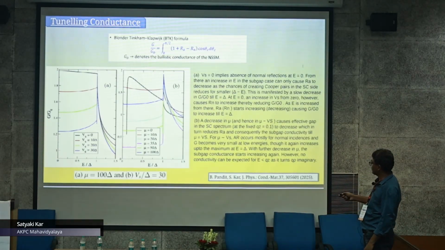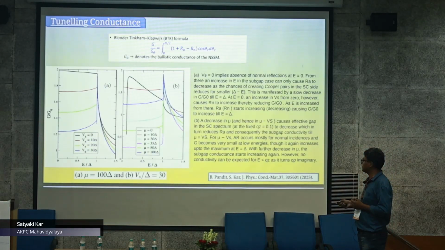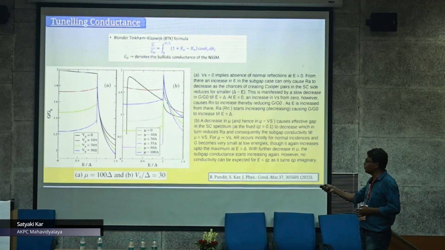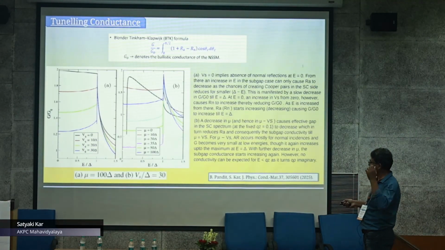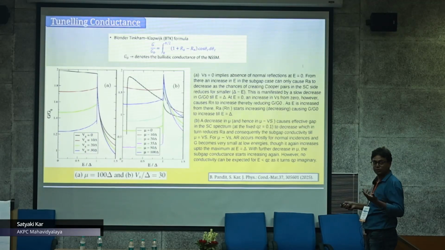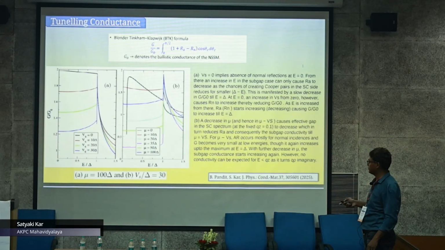But this is the behavior, and you don't see any plot here for very small values of energy because of the same reason that we saw, that for small values of mu, here mu equals to 0, and for small values of energy, you are getting some non-trivial behavior in the reflection coefficients also. So this is because of that.